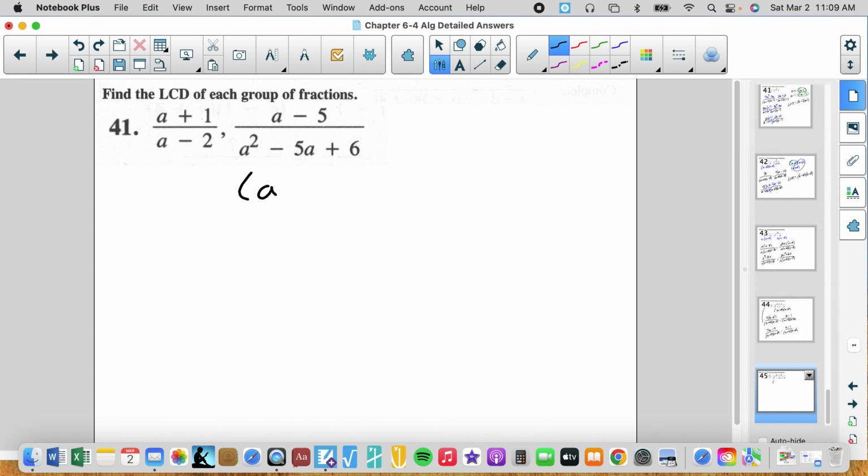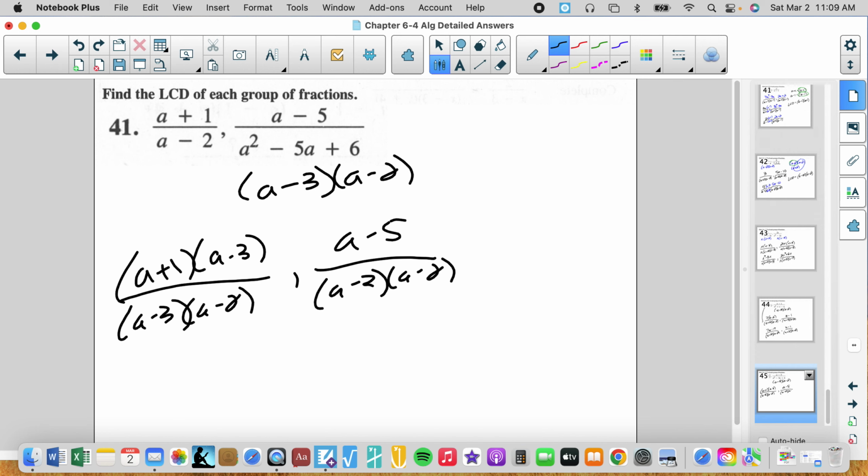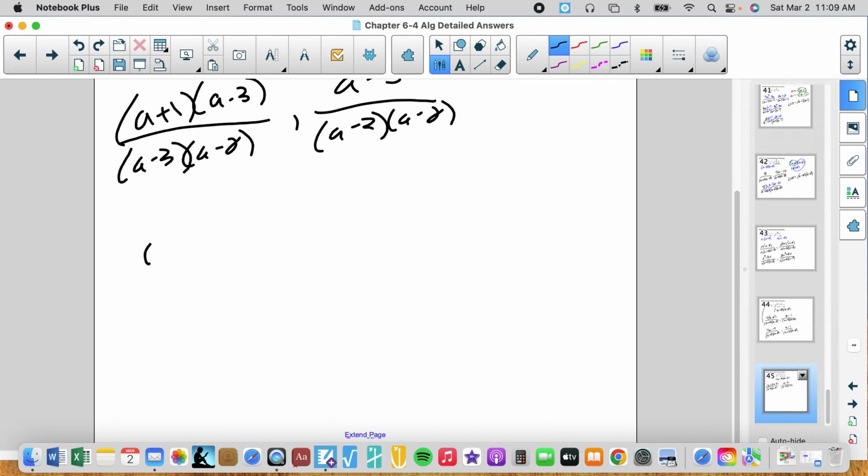We'll factor that. The signs are the same, plus 3, a minus 2. So we're going to have a plus 1 times a minus 3 over a minus 3, a minus 2. That's the same one. That doesn't change because it was the common denominator. And then we would multiply that up. That's a squared minus 2a minus 3.